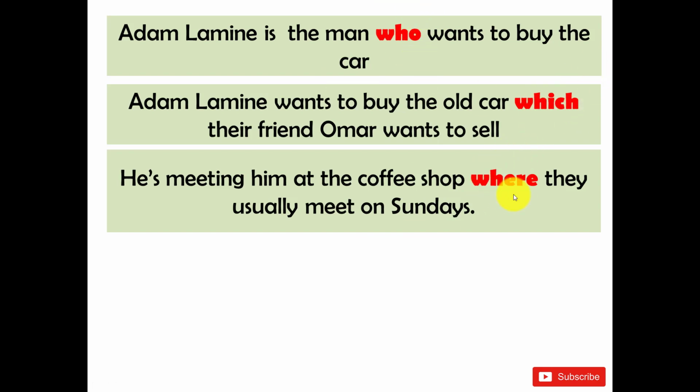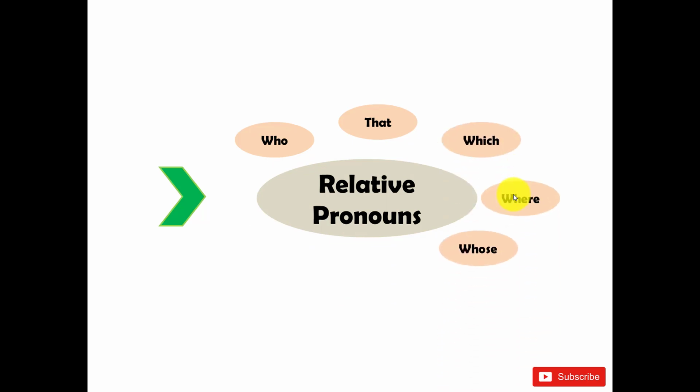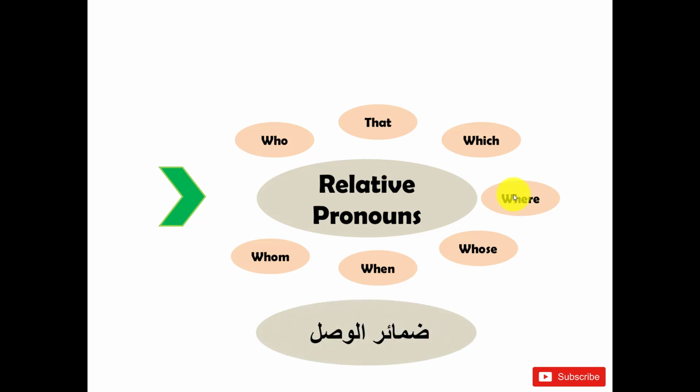Very good job. They are called the relative pronouns. So, the relative pronouns we are going to see in this video are who, that, which, where, whose, when, and whom. We are going to talk in detail, explaining the relative pronouns so that you can use them appropriately and correctly. Relative pronouns in Arabic are ضمائر الوصل or الأسماء الموصولة.